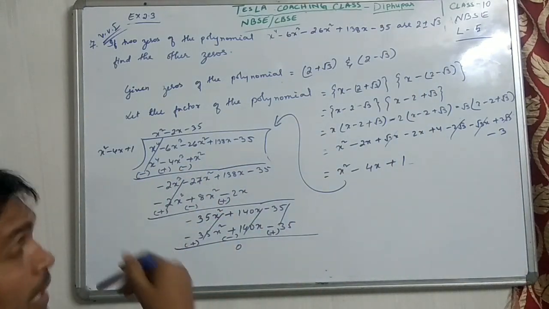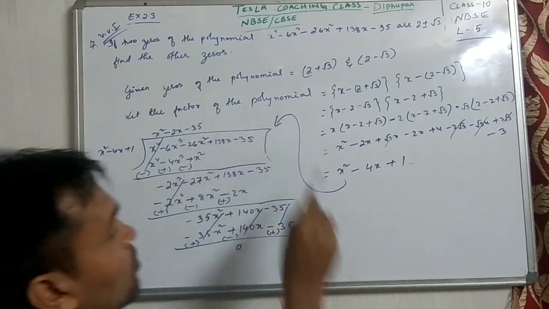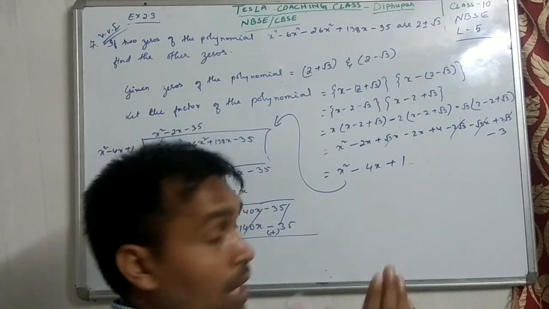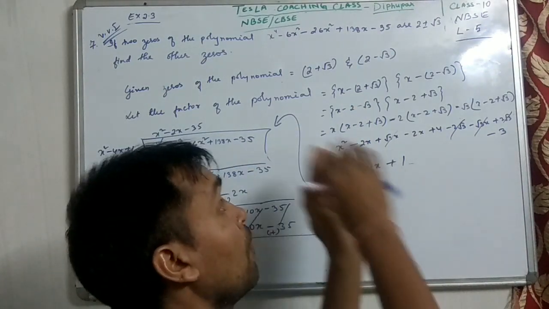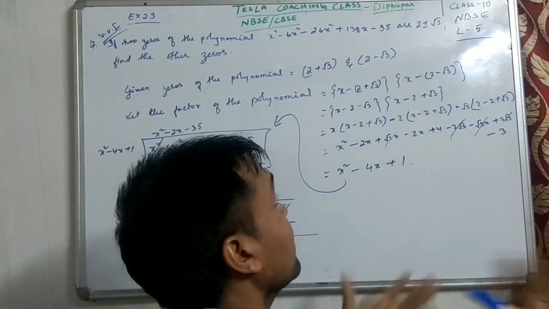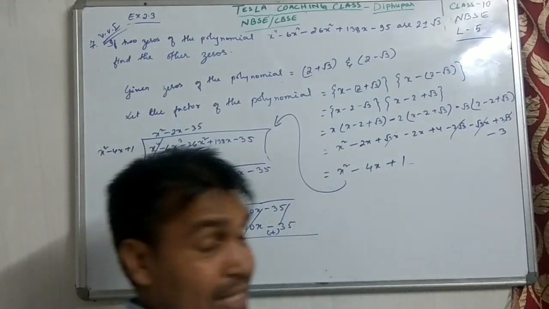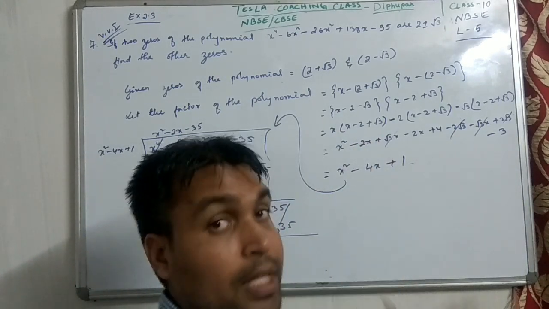Next, what is our work? As we have done in the last questions, let the factor of the polynomial be equal to, as I have already told you, whatever zeros they have given, we subtract from x. It need not always be x; you can take any variable, but here we are comfortable with x, so we are taking x.